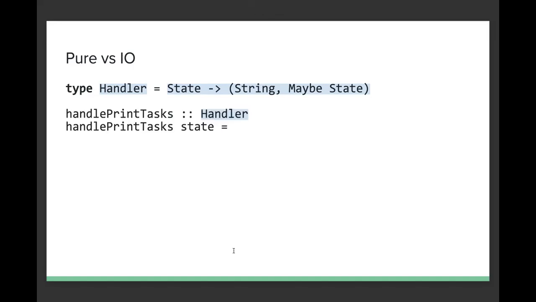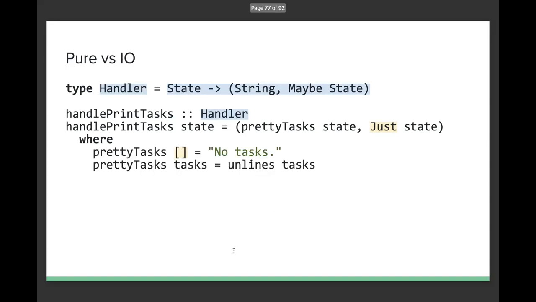So now for every command, what we can do is implement a corresponding handler. For example, to print tasks, we can define a handler which would take state and return just the same state together with the pre-printed state, which is just a list of tasks. Now here, we're basically doing the same thing as with print tasks, right?